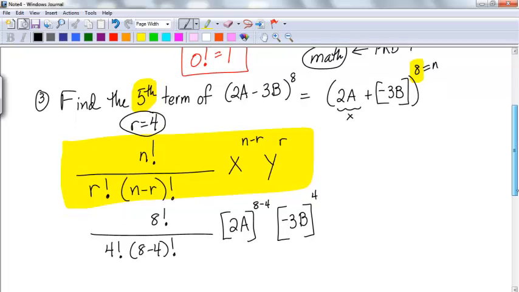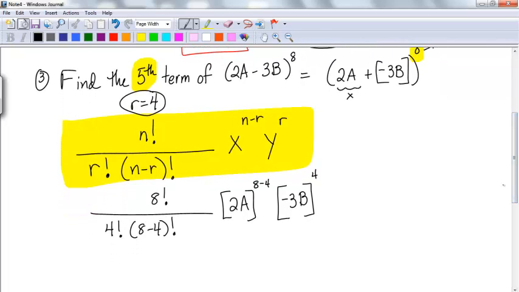Now, we could simplify that, but I'm going to show you first how to do it by hand. Let's say I didn't have a calculator at home. So 8 factorial is actually 8 times 7 times 6 times 5 times 4 factorial, 4, 3, 2, 1. And this would be 4 factorial, and this would be 4 factorial, 4 times 3.